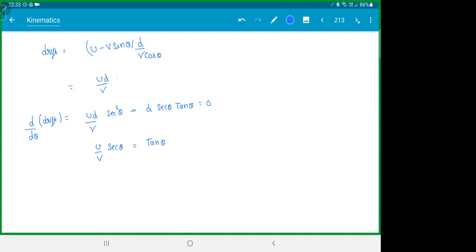This is ud by v sec theta minus d tan theta. I goofed up. Sec theta tan theta minus d sec square theta is 0. We get a pretty nice answer. Sine theta is equal to v by u.